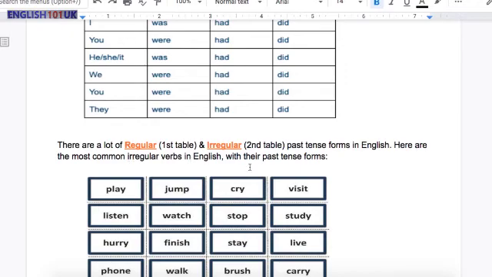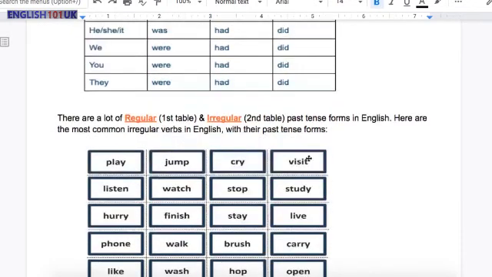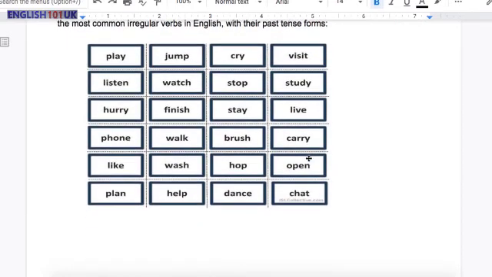So for regular verbs we just add d or ed sometimes to form the past form. So play becomes played, ed. Listen, listened. Hurried, phoned, liked, planned, jumped, cried, visited.